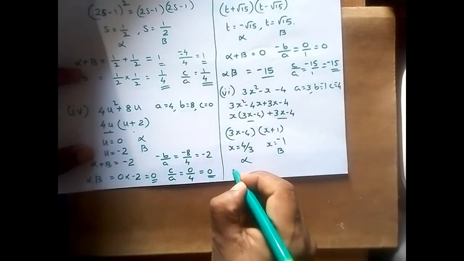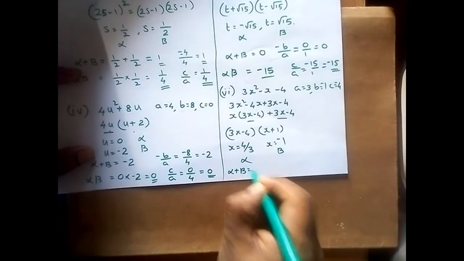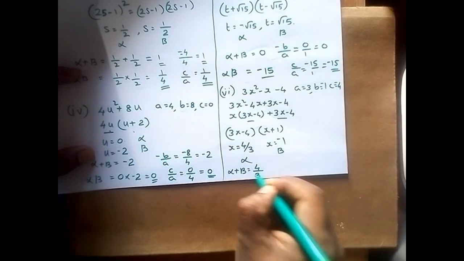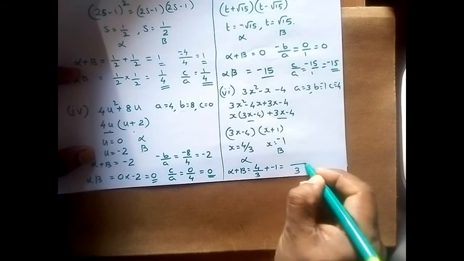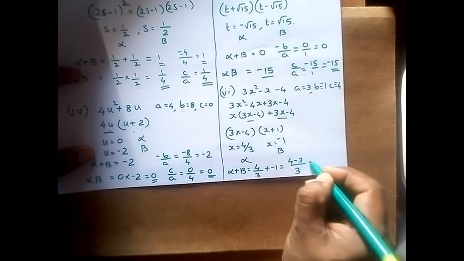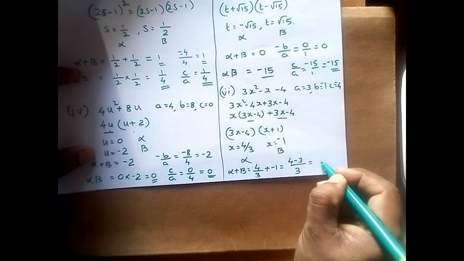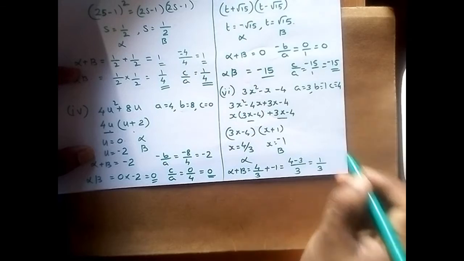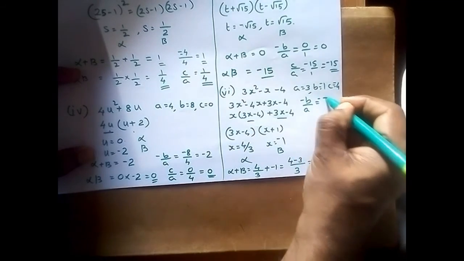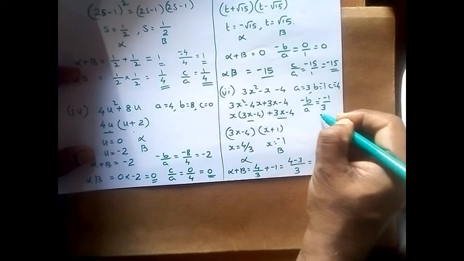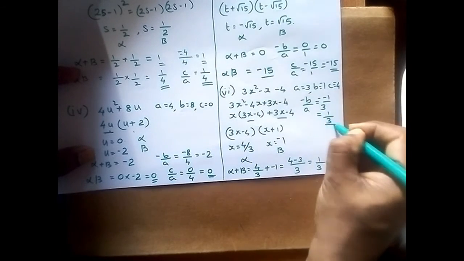So this is alpha and this is beta. Alpha plus beta is equal to 4 by 3 plus minus 1. So 3 I am taking common here. 4 minus 3 is equal to 1 by 3. What is minus b by a? Minus b by a is equal to minus of minus 1 divided by 3, that is equal to 1 by 3.